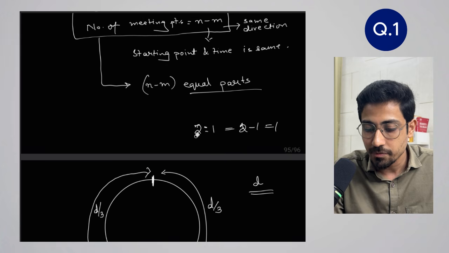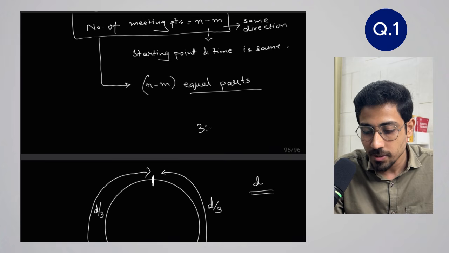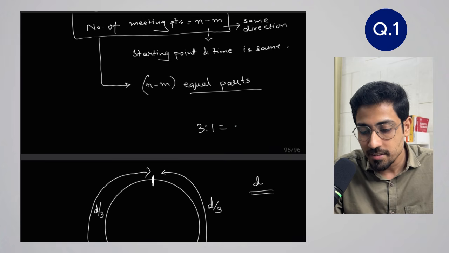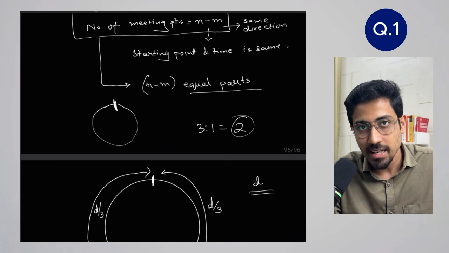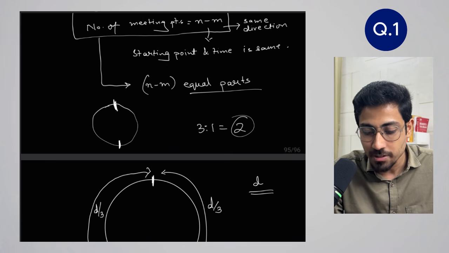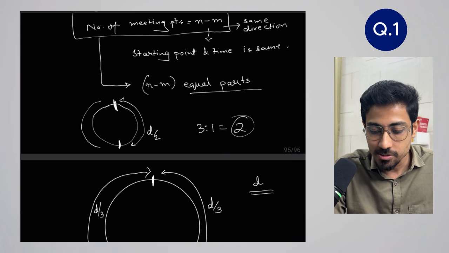Okay, however, if it is 3 is to 1, then what will happen? There will be two meeting points in the circle. What will be those two meeting points? One is this, and the other will be exactly diametrically opposite because I have to divide it into equal parts. So this has to be d by 2 and this has to be d by 2.